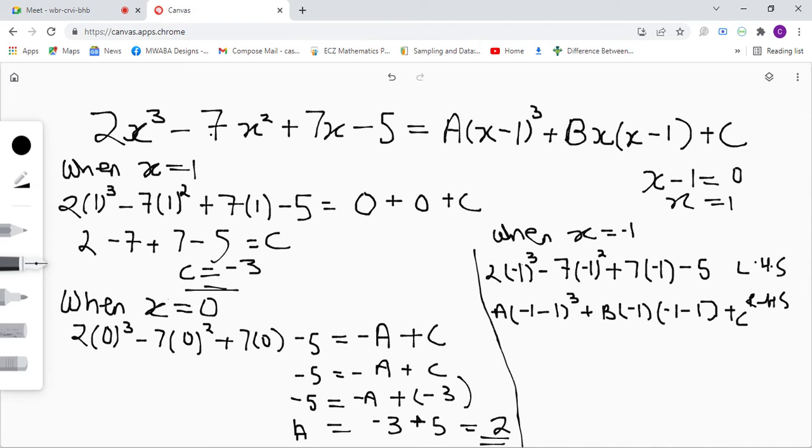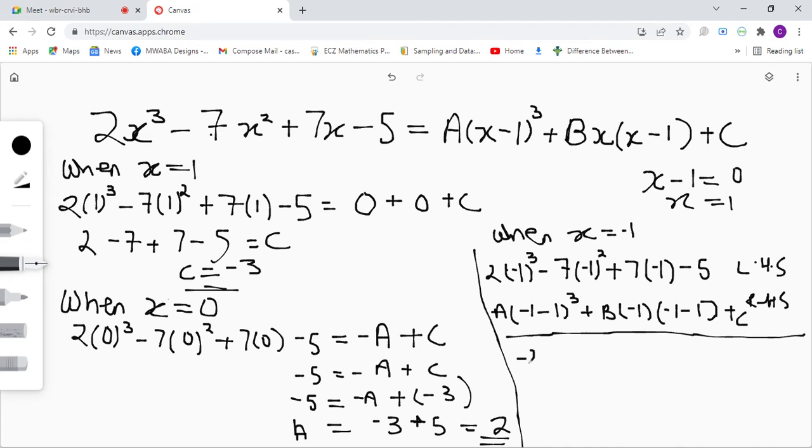all right. Negative 1 cubed is negative 1. Negative 1 times 2, all right, that is negative 2. This is negative 2. 7, oh, negative 1 squared is 1. 1 times negative 7 is negative 7. So maybe let me be writing this down here.